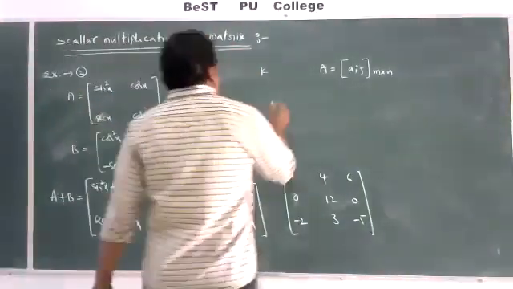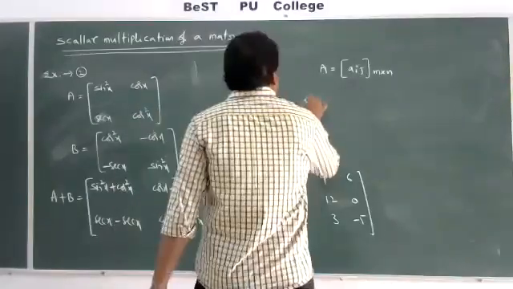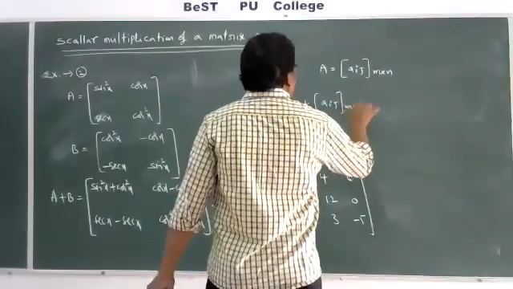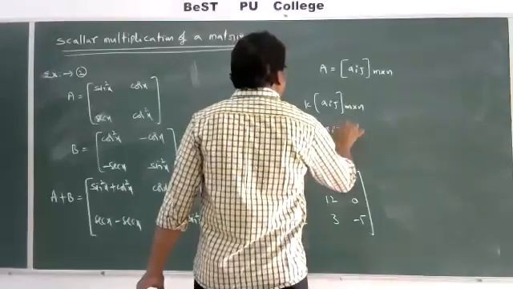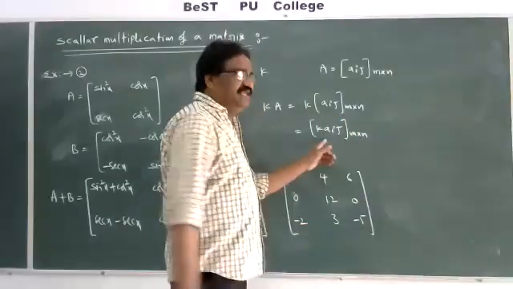Then scalar multiplication of a matrix, KA, is equal to K into Aij m by n, that is equal to Kaij m by n. What is the meaning of this?